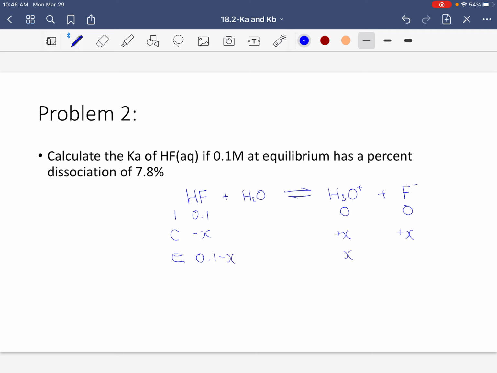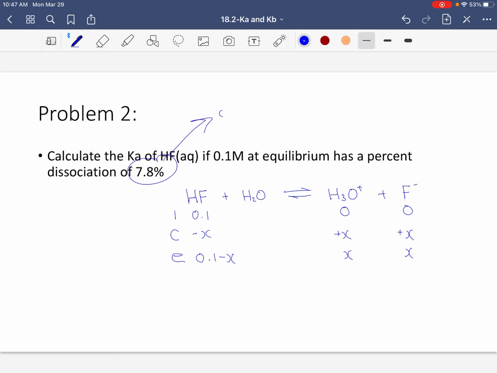This is x. This is x. Again, I want to find out what is Ka. Now, as I said, this is pretty simple if you think about it. Because we know what x is, because we already know what the dissociation is going to be, and that is 7.8%.